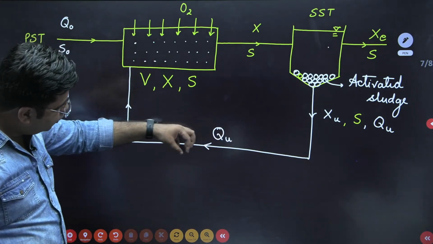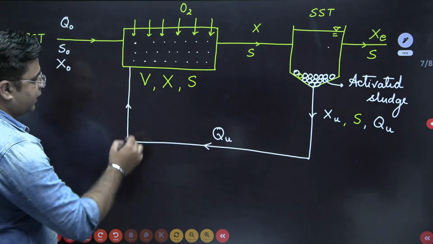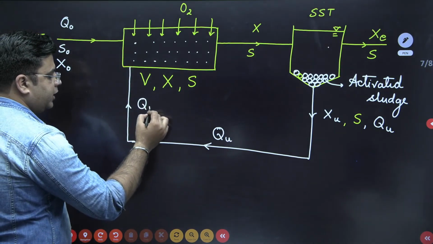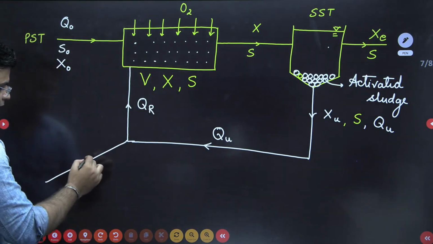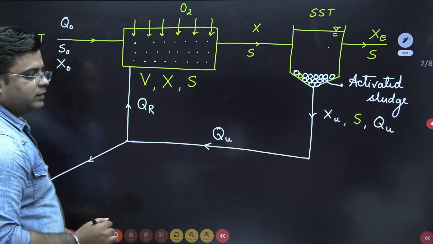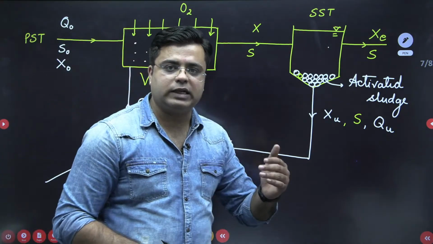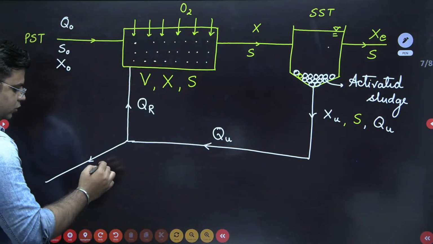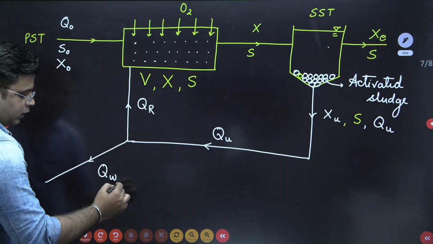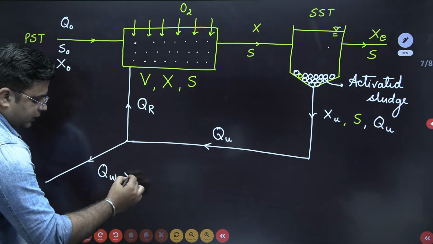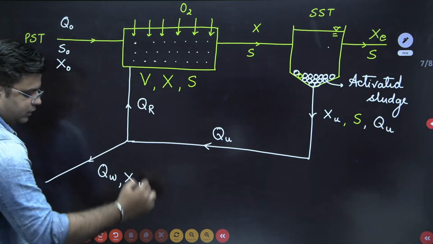Out of this QU discharge of sludge, some QR amount of discharge is recirculated back into the aeration tank, and the remaining sludge discharge is taken to the sludge drying bed or for sludge digestion, and that is known as the wasted sludge discharge, QW. The concentration of biomass in this wasted sludge discharge is XU.